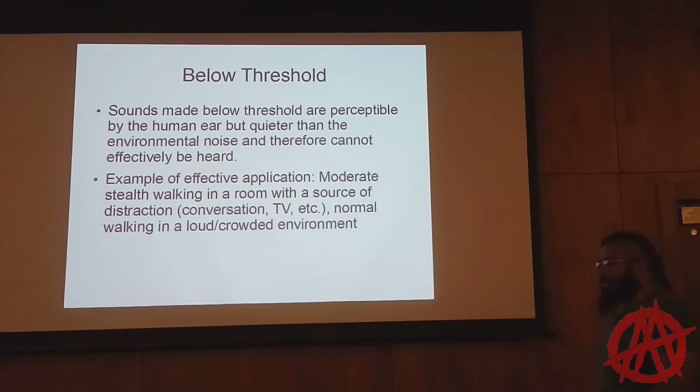If you're on a loud, crowded street and somebody's being creepy and you're trying to walk away from them, if they look that direction, you don't need to hide. You can just turn and walk normally because you're going to blend in, or you're going to be quieter than the live music or whatever else is going on around you. So you don't need to compromise your physical effectiveness and efficiency to be quieter than you need to be.